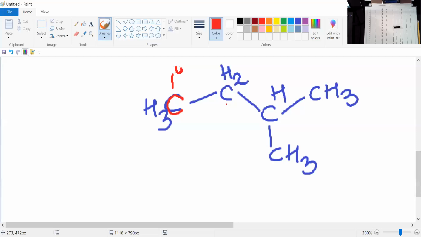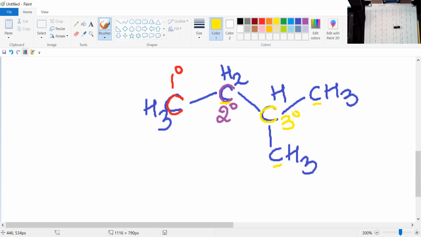This carbon is a primary carbon, while the carbon which is surrounded by 2 carbons is labeled as a secondary carbon, whereas a carbon surrounded by 3 carbons is labeled as a tertiary carbon.